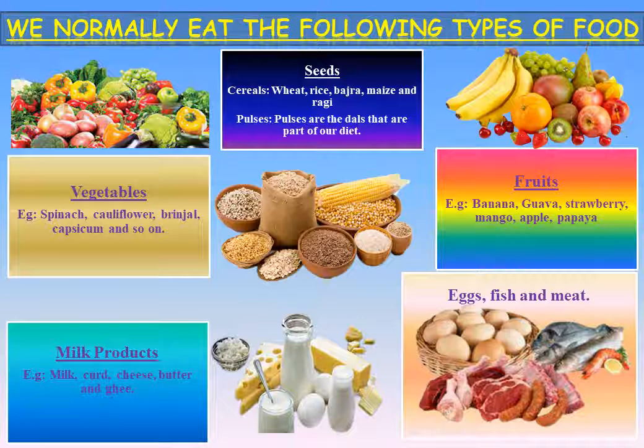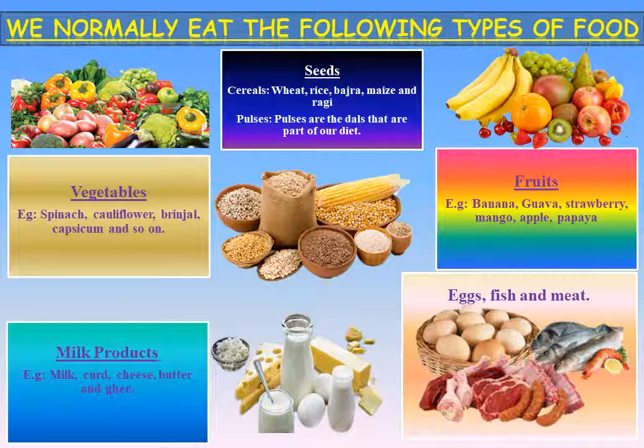Then the next main food item that we eat is fruits. We eat lots of fruits. Banana, guava, strawberry, mango, apple, papaya, all are examples of fruits. Then the next important item is eggs, fish and meat. These are mainly eaten by most humans.